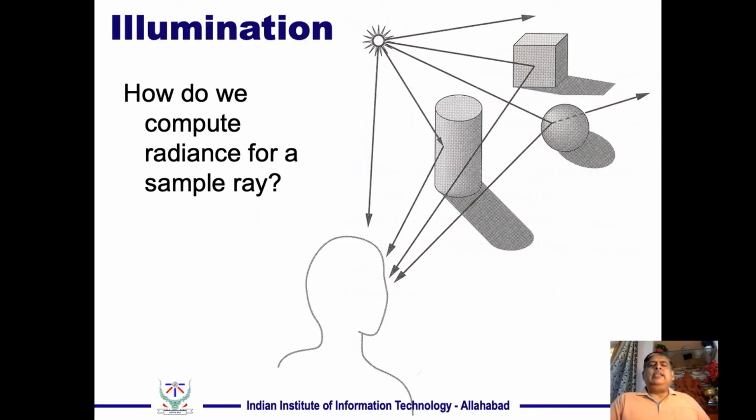So basically, the scattered light or the reflected light from different objects reaches my eyes. It is possible that with some objects, the light is refracted through the objects, reflected through the objects, or scattered through the objects.